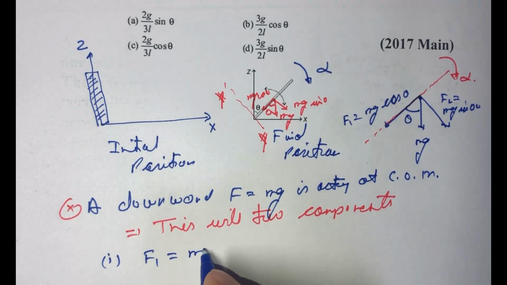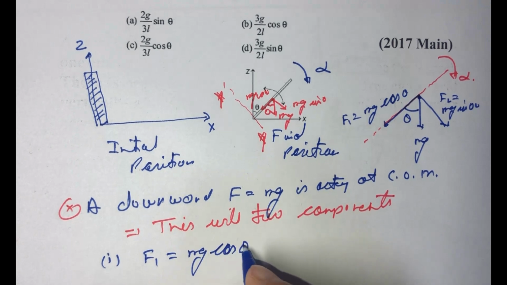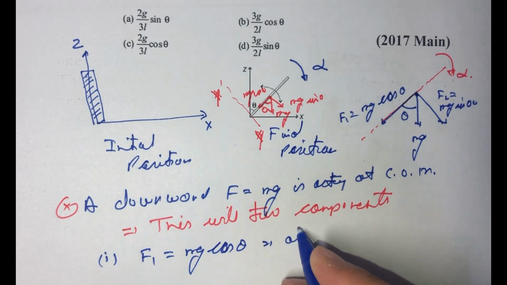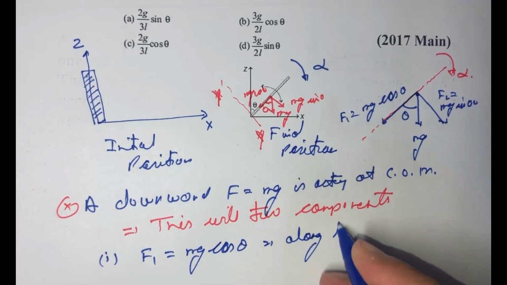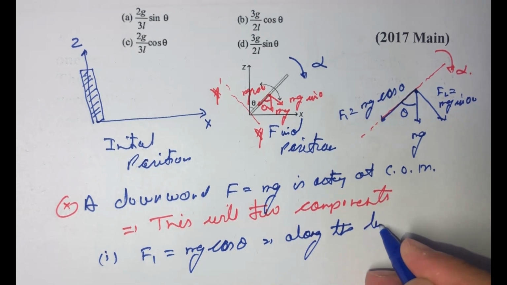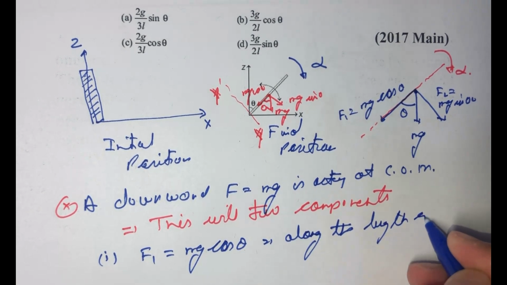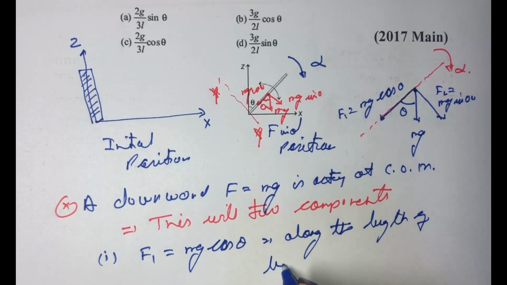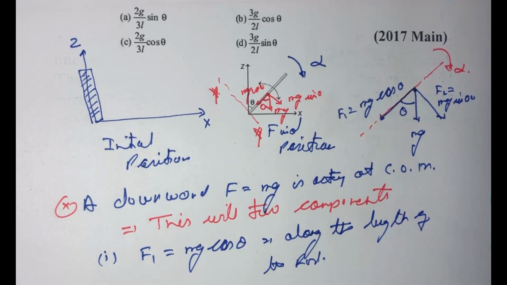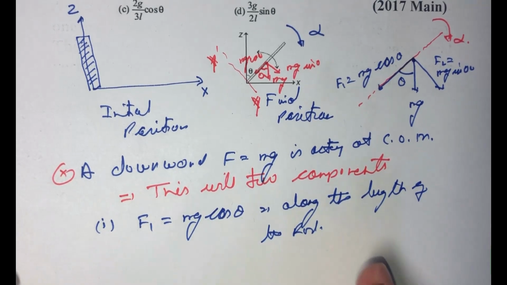F1 we say is mg cos of theta, and this is along the length of the rod. Because of which the torque produced by this force will be equal to 0.